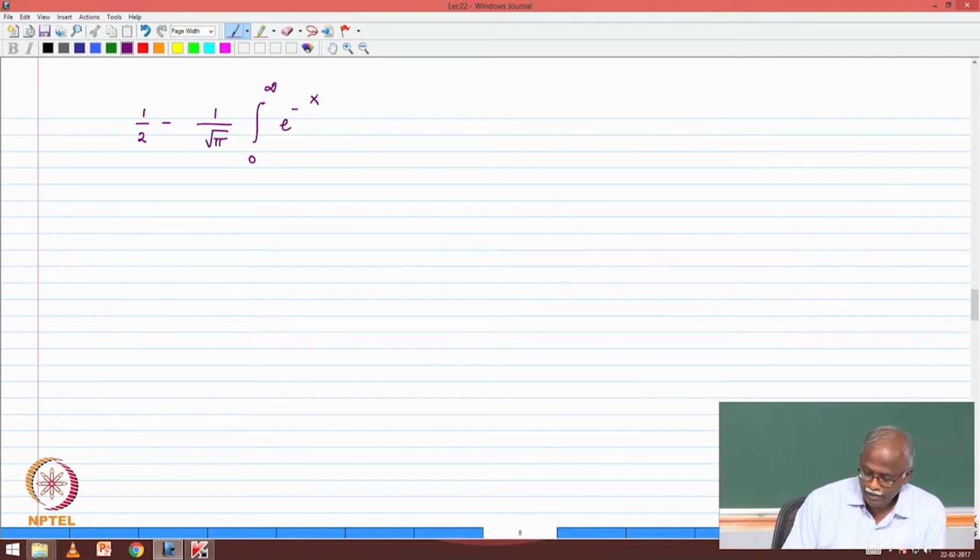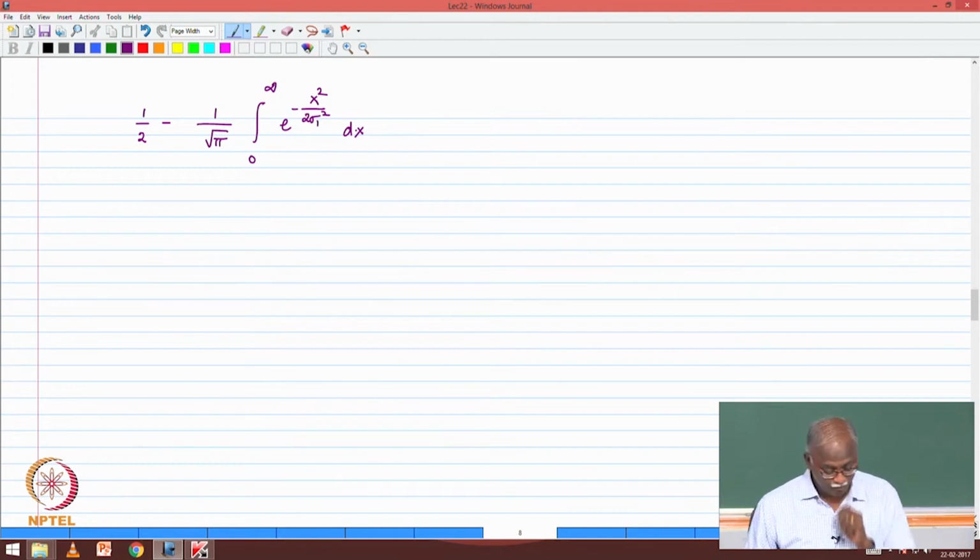So now we will get the probability of error expression as 1/2 minus 1 over root pi integral 0 to infinity e power minus x squared by 2 sigma 1 squared dx. Okay, I think you're already seeing why the substitutions were made and what that helps us with.